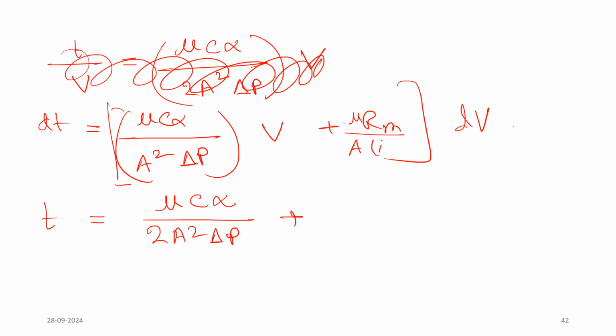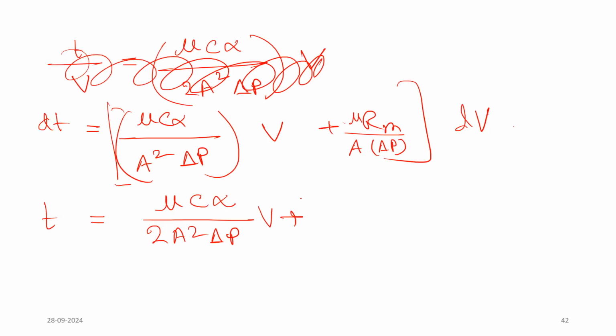So integrating from, this is V square, this is mu Rm by A delta P into V, right? This is just a constant.